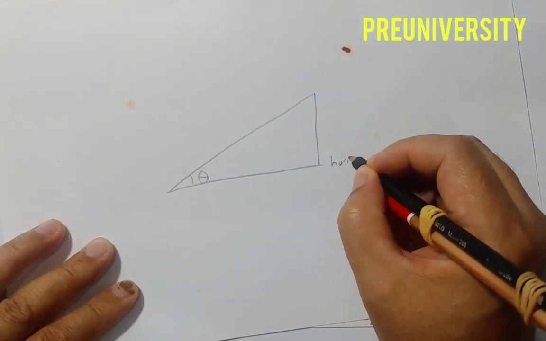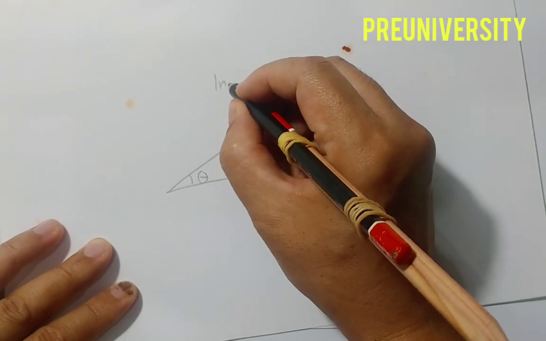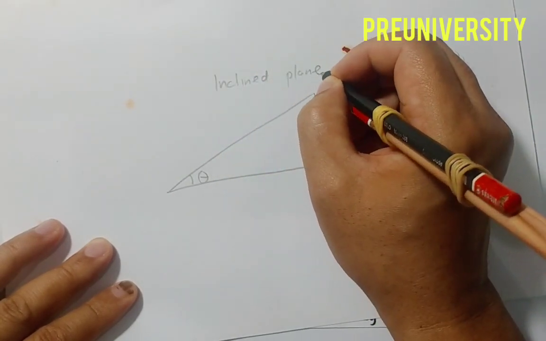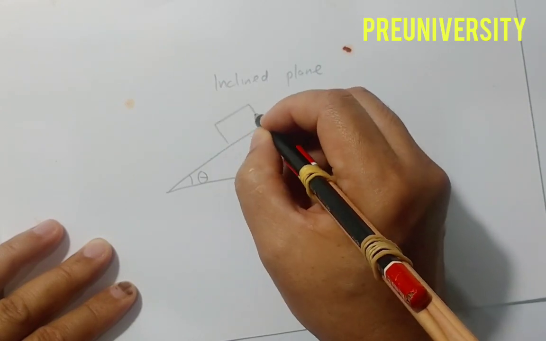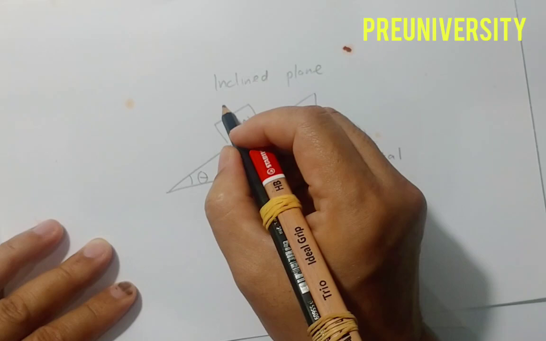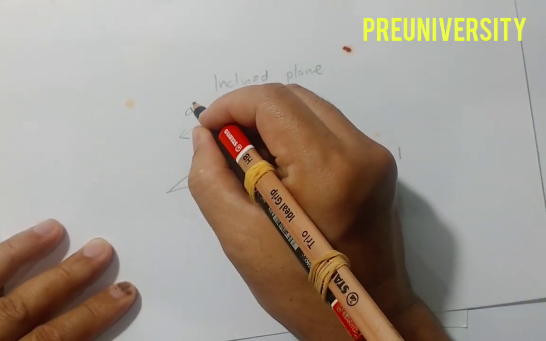Here is the horizontal, and this one is the inclined plane. Then the object with mass m kilogram here is moving downward with the acceleration A.